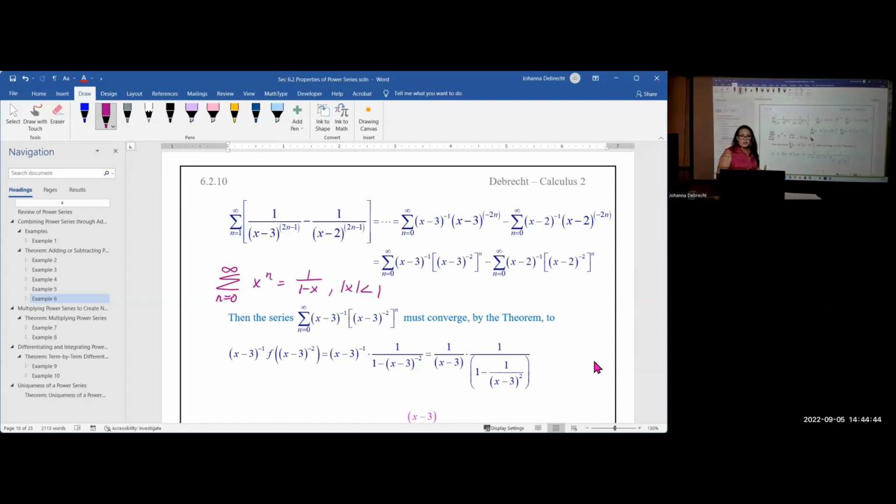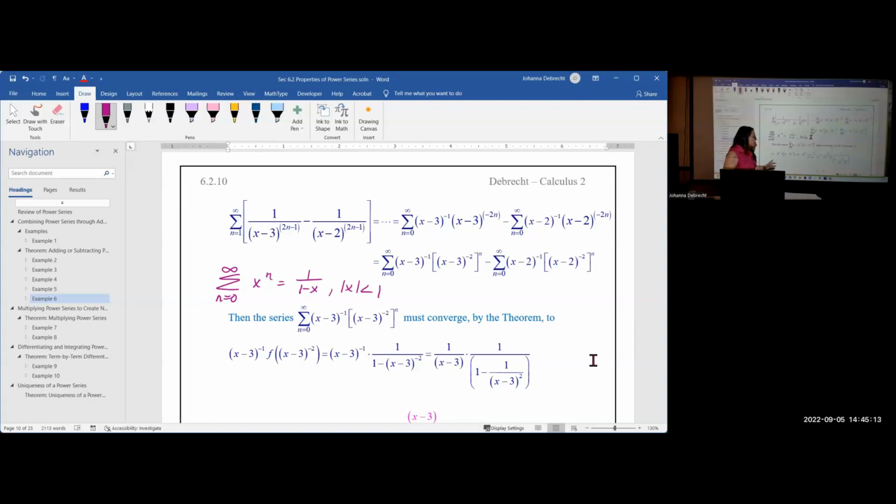This must converge by the theorem to the following. This is an expression involving x multiplied by our power series, which does not change the interval of convergence. This, however, where we're substituting x minus 3 to the negative 2 in place of the x, that does or can change the interval of convergence.